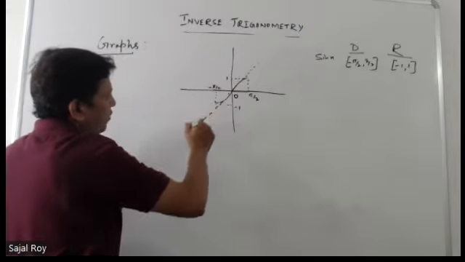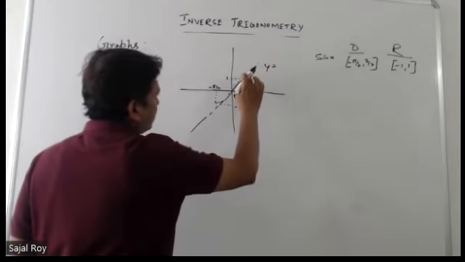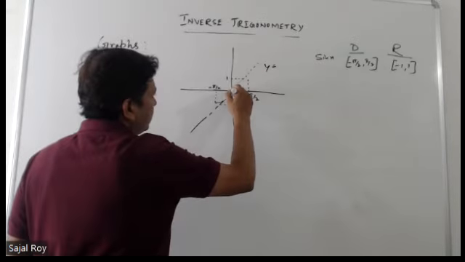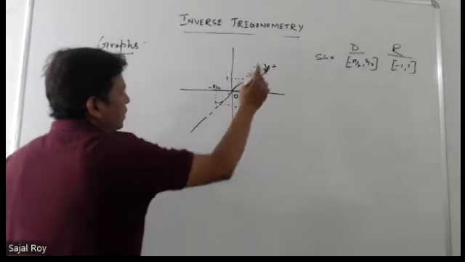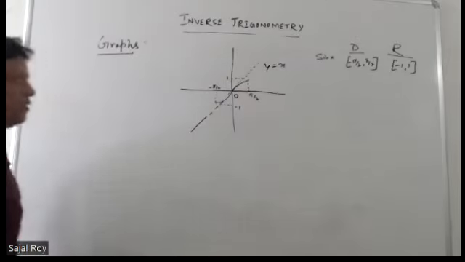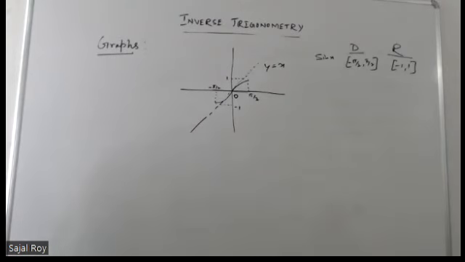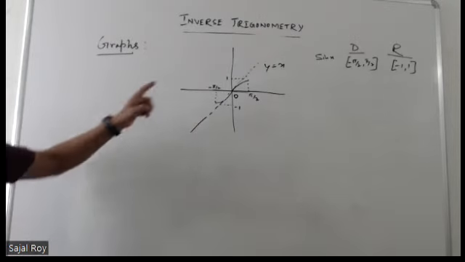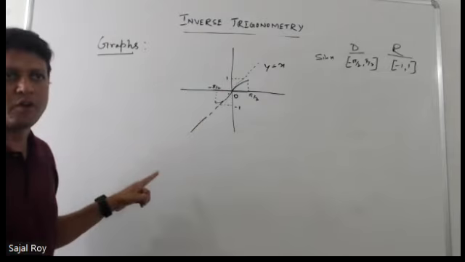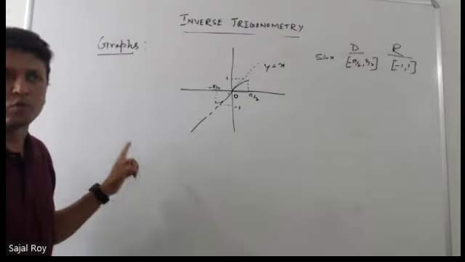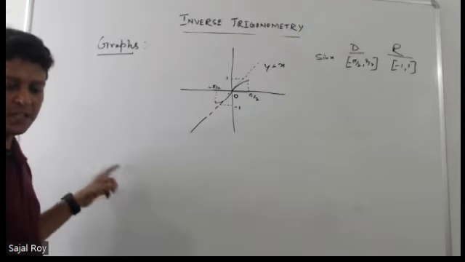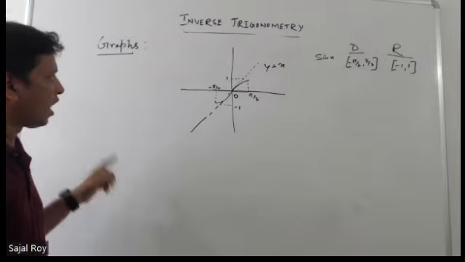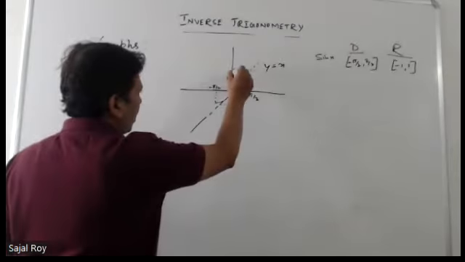Now, how to draw the inverse function? Let me draw first the y equal to x line. This is your y equal to x line. The inverse function is the reflection of the curve on this y equal to x line.